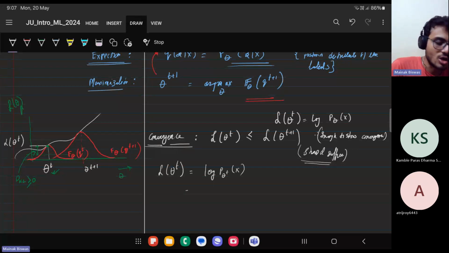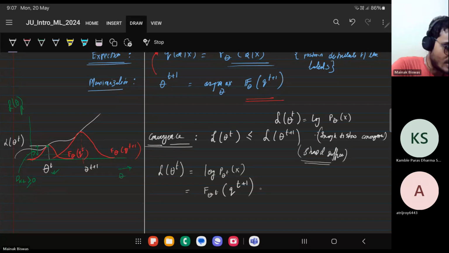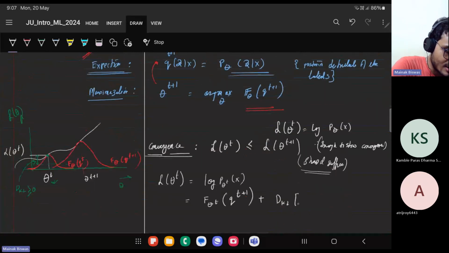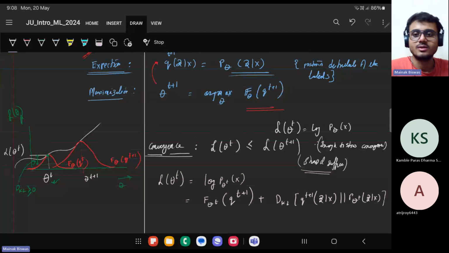Which is equal to what? F theta t of q t plus 1 plus D KL of q t plus 1. Yes or no? Can I write this? This is equal to 0.